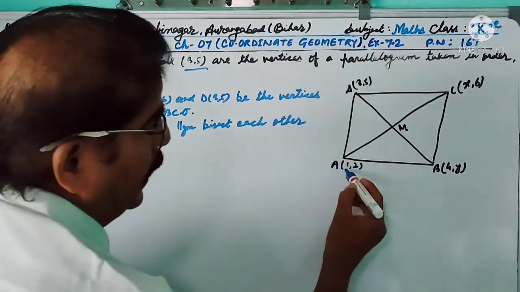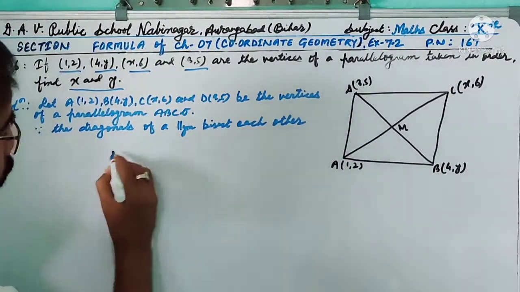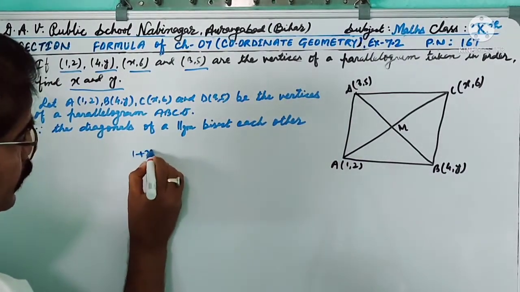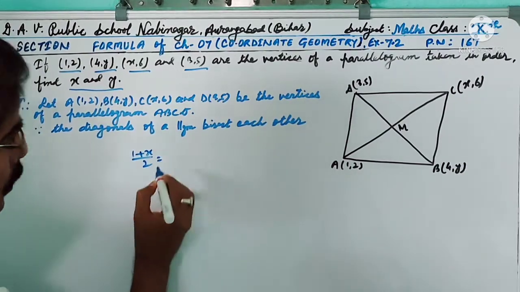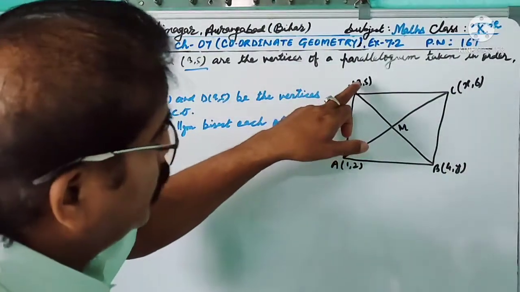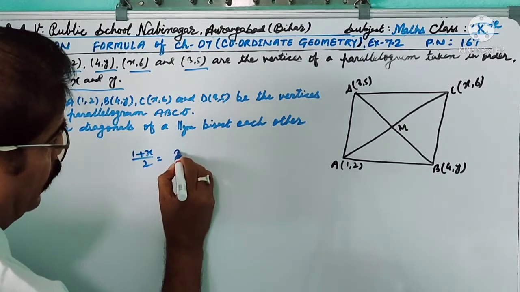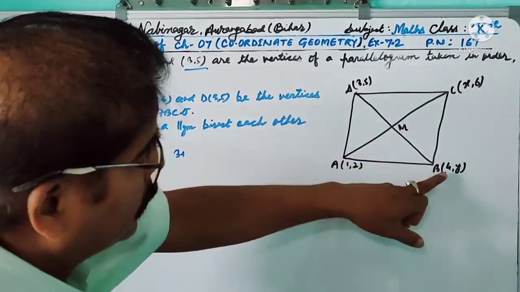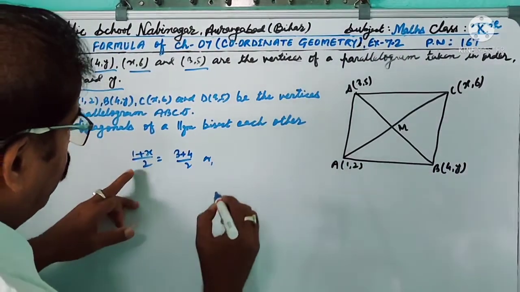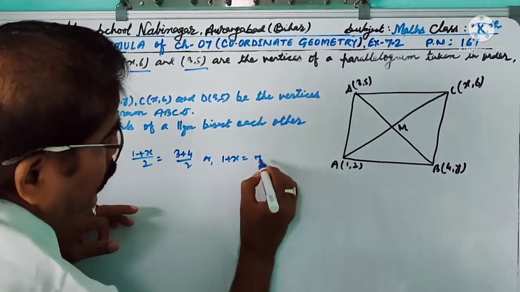So for the x coordinate, (1 + x) by 2 equals (3 + 4) by 2, or 1 + x equals 7, the 2 cancels.